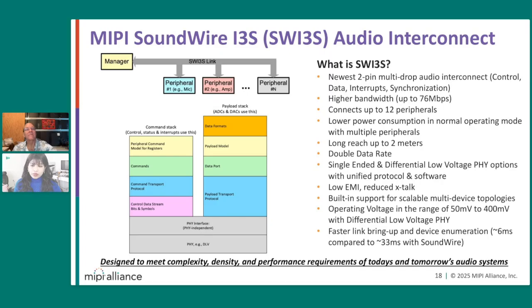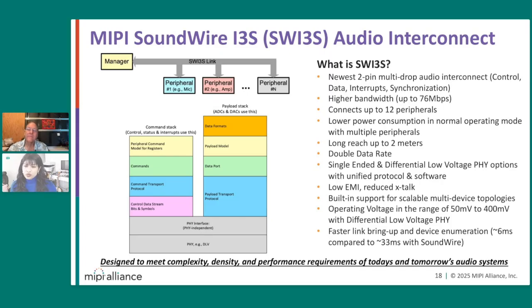SWIS also employs data scrambling techniques, which minimizes crosstalk, and it reduces deterministic EMI peaks, which is a huge advantage. And SWIS also cuts the link bring-up time dramatically down to around 6 milliseconds compared to up to 33 milliseconds with SoundWire, which helps in enabling, say, faster device initialization and reduced latency at startup, which is great for systems that need quick resume or always-on responsiveness.